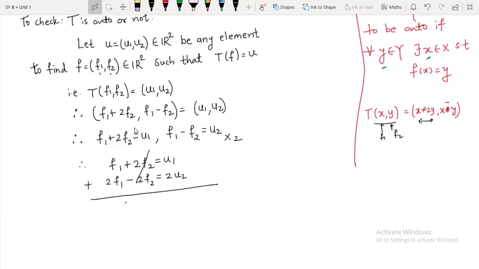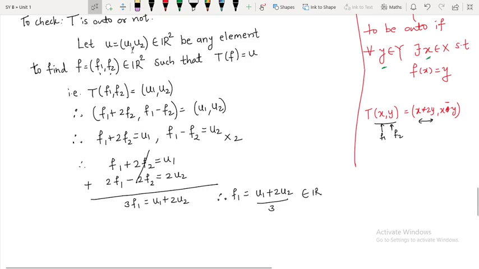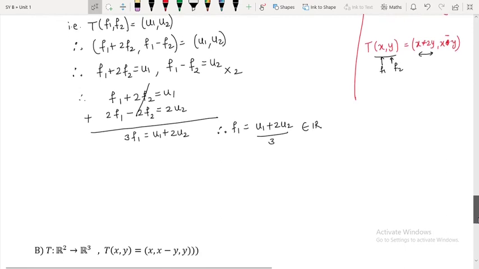So after simple addition, this will get cancelled out. 3f1 will be equal to u1 plus 2u2, and therefore f1 is (u1 plus 2u2) upon 3, and it belongs to R. No issues with this, because u1 and u2 are real numbers, so this f1 is also going to be a real number.